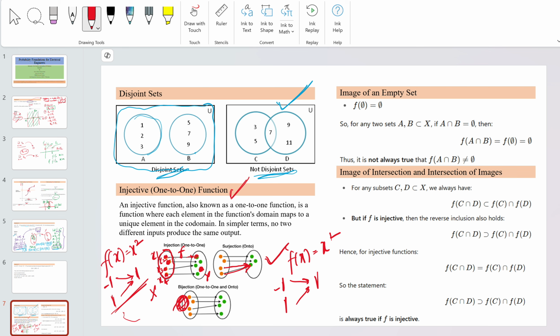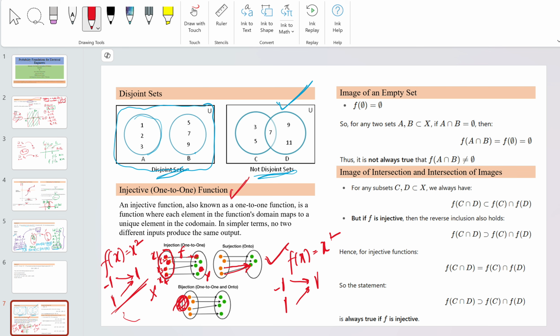That is a simple terminology to understand: in an injective function or one to one function, you have a single output from a single input, but there can be outputs which don't have an input in x. In the surjective function there can be elements which have the same output, but in one to one and onto, that is the bijective function, you have a single element and a single output. There are no empty elements in y which don't have any pre-image in x.